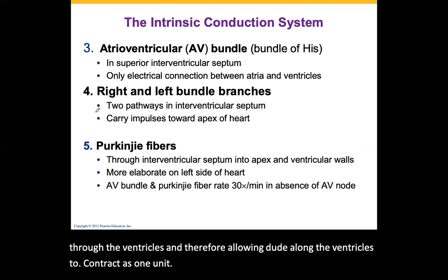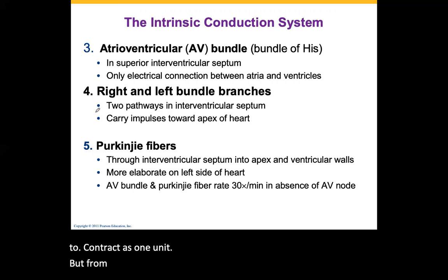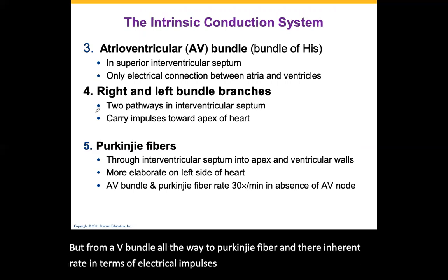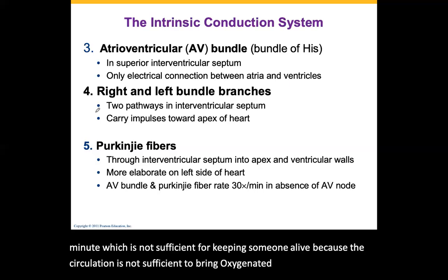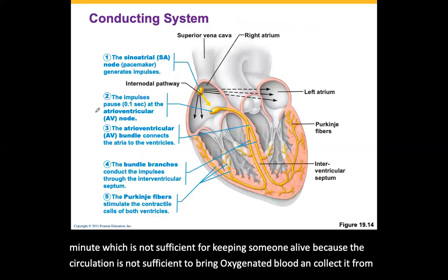From the AV bundle all the way to the Purkinje fibers, the inherent rate of electrical impulses is about 30 per minute, which is not sufficient for keeping someone alive because the circulation is not sufficient to bring oxygenated blood and collect it from the systemic circulation.